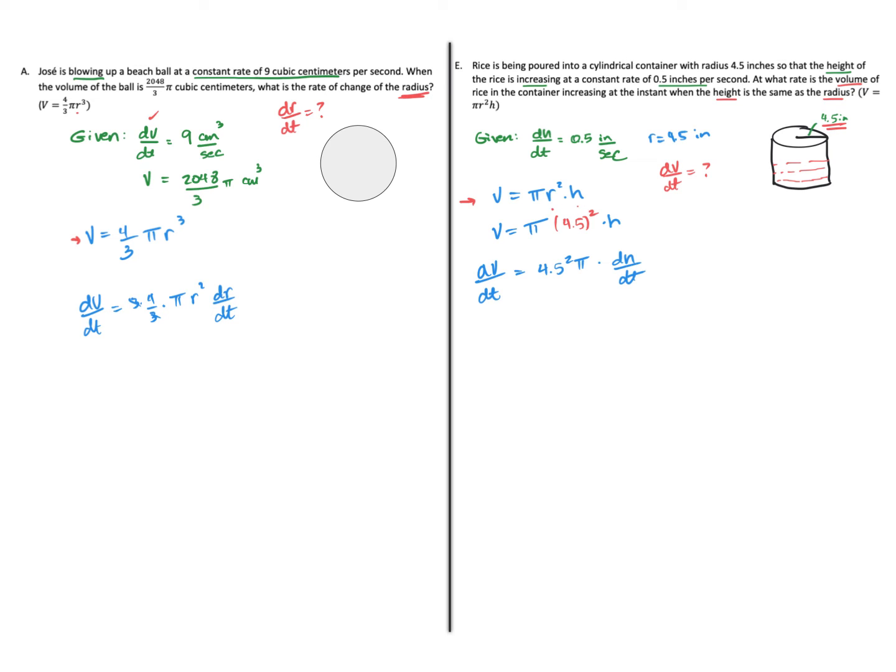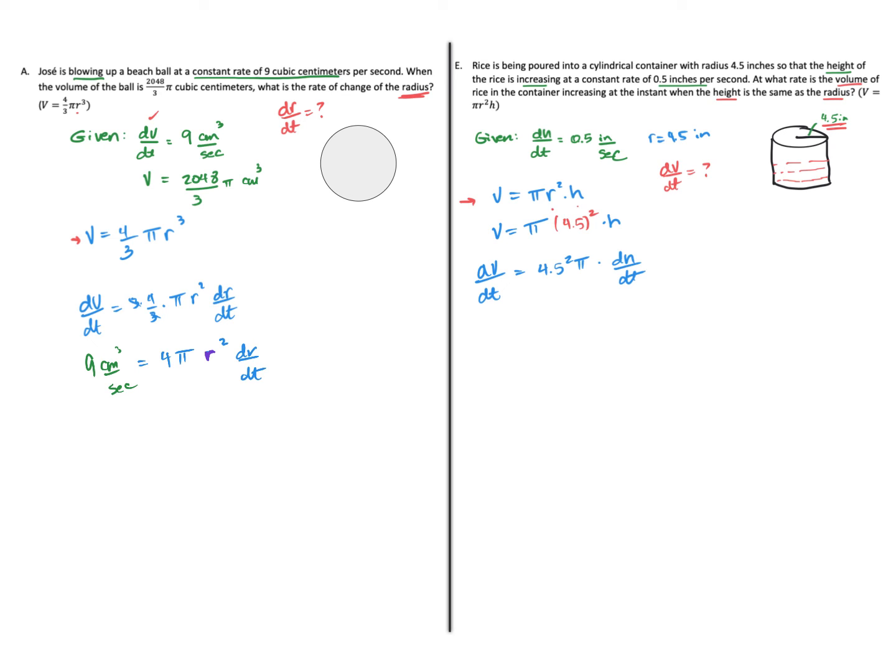So I know my dv over dt already, and it is 9 centimeters cubed per second. On the other side, that gives me 4 pi r squared dr over dt. Now I'm trying to solve for dr over dt, and at this point I have an extra variable, r right here, and I can't solve for dr dt until I find out r.